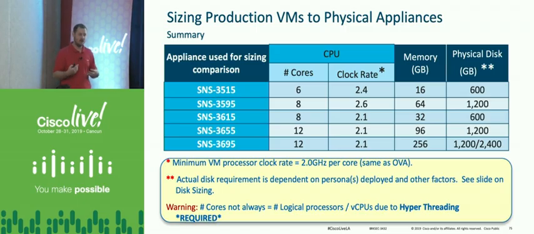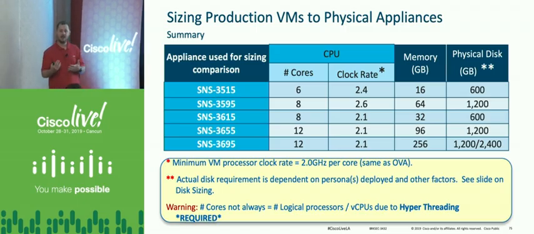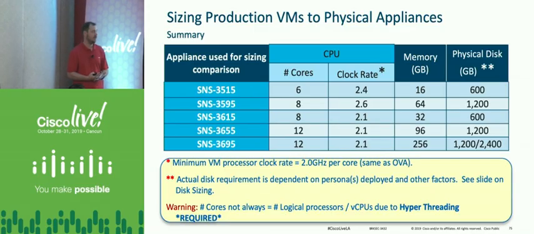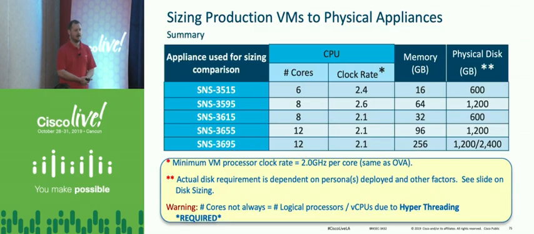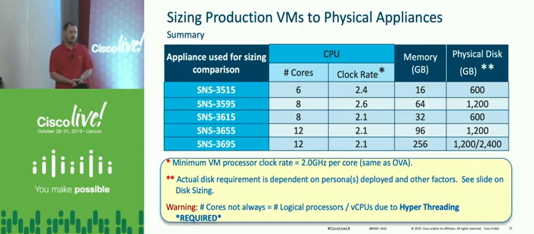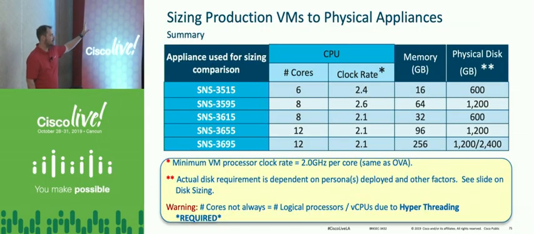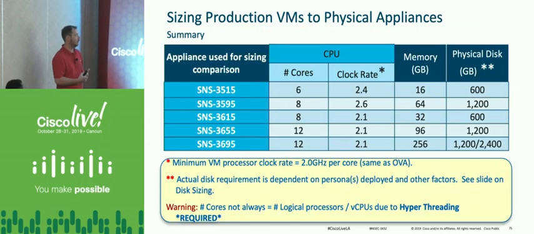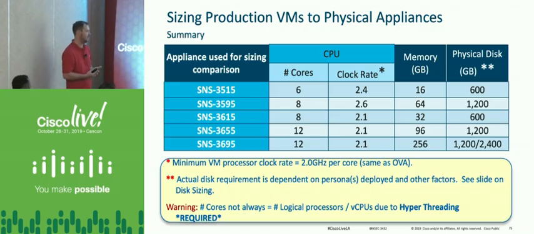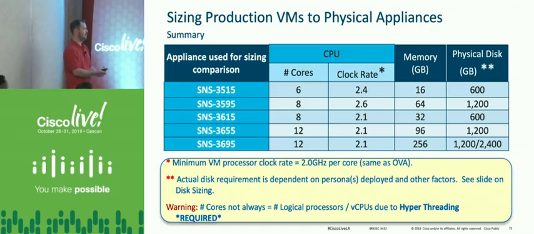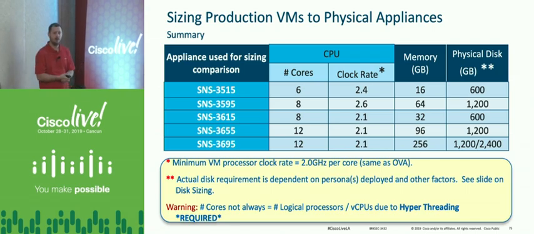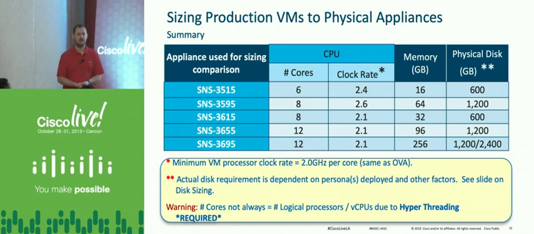Because we must do resource reservations and match up to the physical hardware for it to be formally supported. So when we size the production VMs, they must match the physical hardware appliances in order to be formally supported and get that same level of performance that is recommended for that level of hardware.